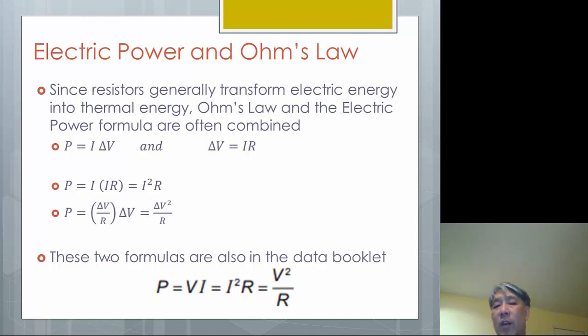These modifications could be useful when you're trying to compare two different situations, because if I'm changing the resistance of a material, V and I will both change as a result, so it's hard to tell what's going to happen to my power. But if I change my resistance, then I can use one of the other formulas, because current or voltage may be held constant by some external force. Those other formulas might be useful.